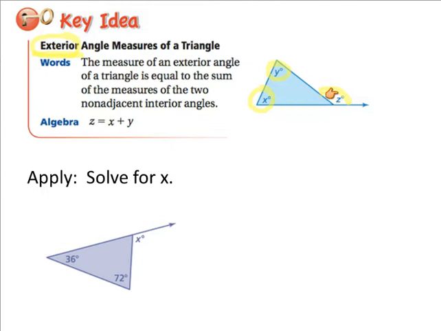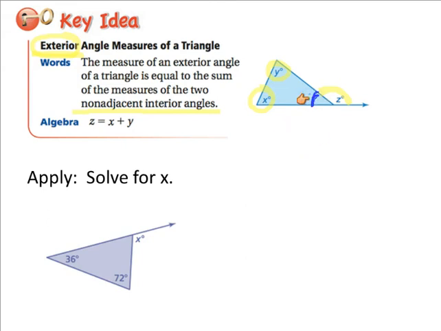Now it's important to note that it says the two interior measurements that are non-adjacent to the exterior. So remember, adjacent means that there are two angles that are right next to each other and share a vertex. So the angle that is adjacent to angle Z would be this angle right here.